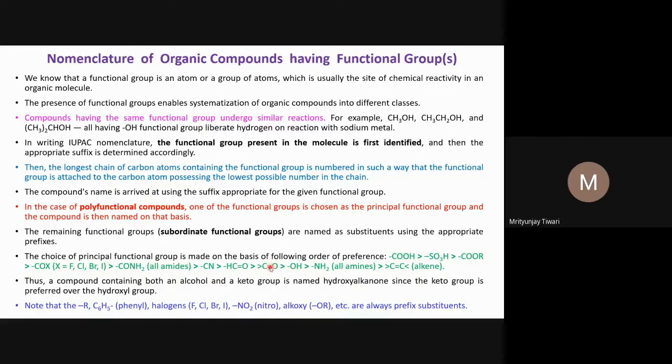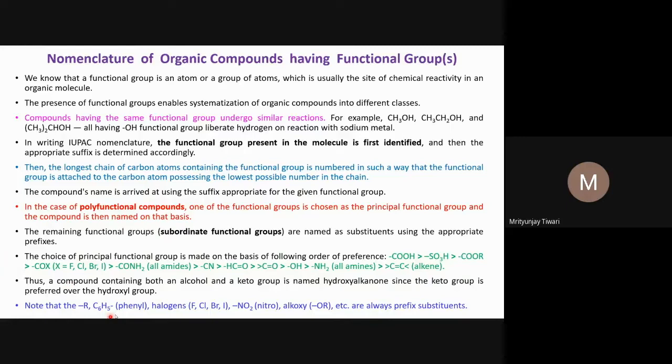Then the keto group will be the principal functional group and the OH, the hydroxyl group, will behave as a substituent only. So we write the hydroxyl group as a prefix. It will be named as hydroxyalkanone, with -one for ketone, since the keto group is preferred over the hydroxyl group, and that order we have got from this.